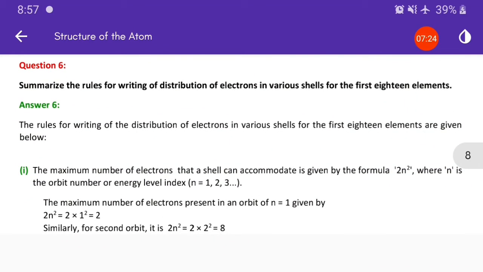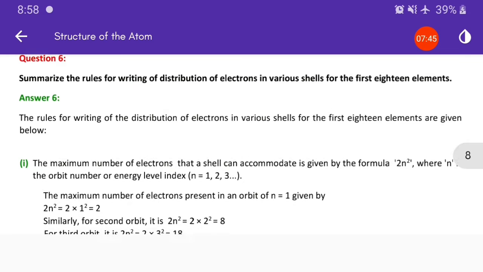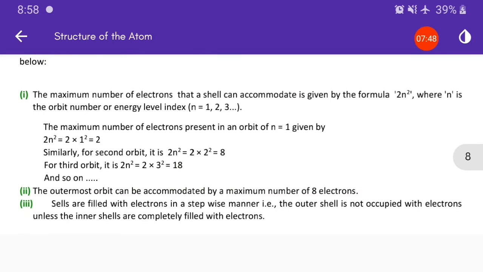Question number 6. Summarize the rules for writing the distribution of electrons in various shells for the first 18 elements. The maximum number of electrons that a shell can accommodate is given by the formula 2n square, where n is the orbit number or energy level, and n can be 1, 2 and 3.